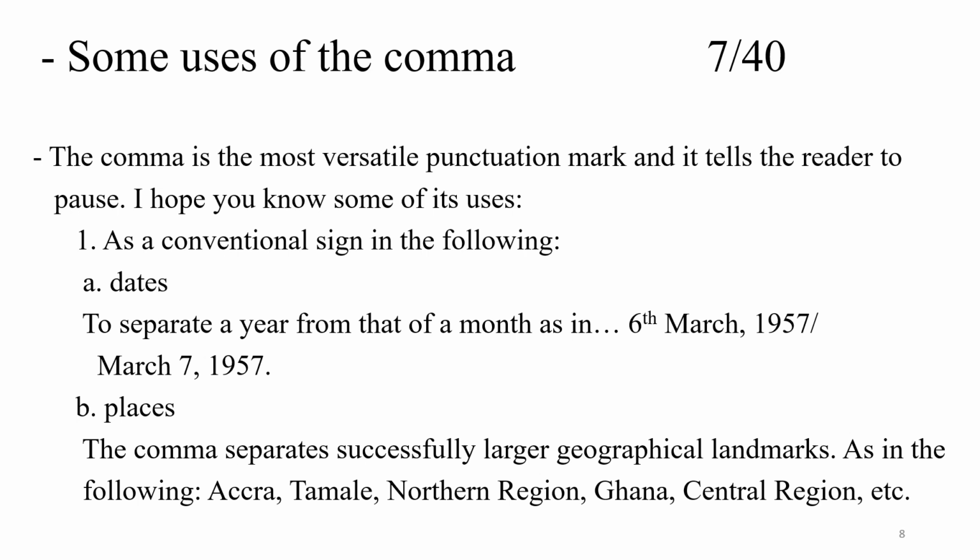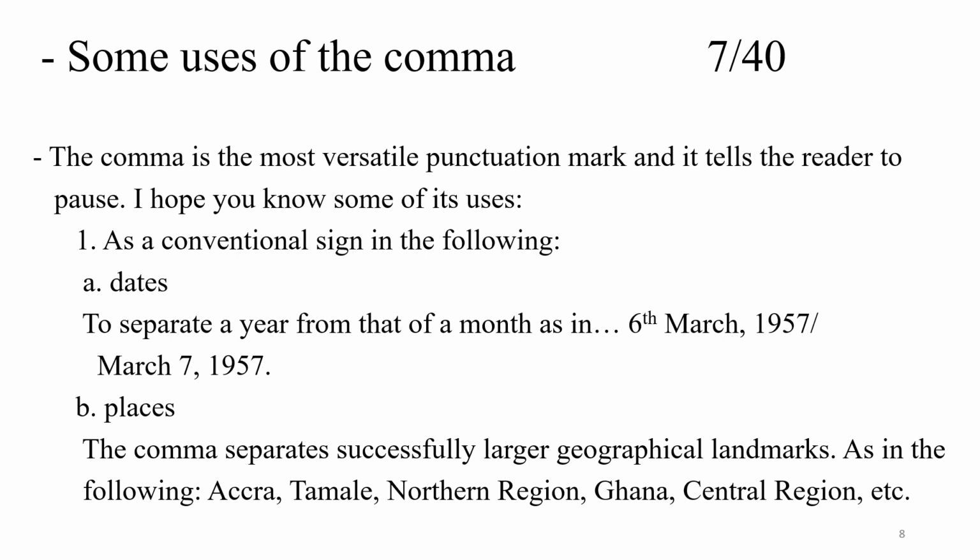Now look at the comma used in places too. We can use the comma to separate larger geographical landmarks. For example, I want to write Accra, Tamale, Northern Region, Ghana, Central Region. I cannot decide to put all of these together. It will even be difficult for you to read. Don't you think so? I guess you are getting me right.